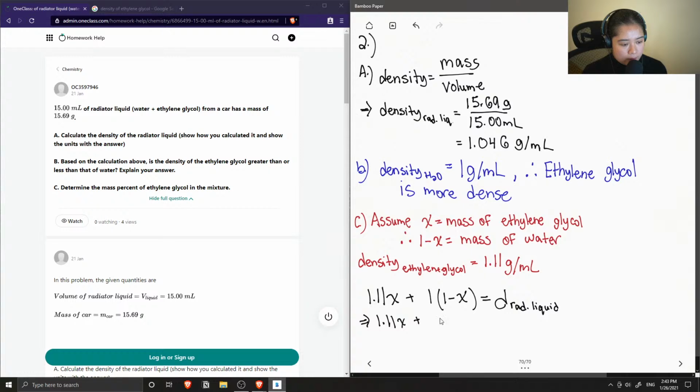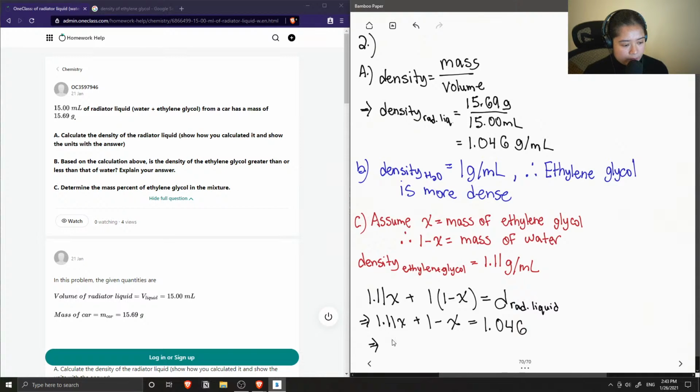1.11x. And I'll just simplify this. This is the same thing as 1 minus x is equal to what we found in part A, which is 1.046. So now let's just solve for x.